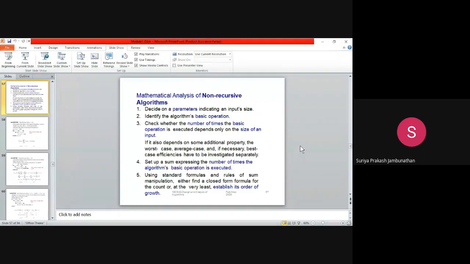So all these things we are doing will become the basic operation of a program. In this case, we set up a sum expression that decides the number of executions of the basic operation, which directly depends on the time complexity.